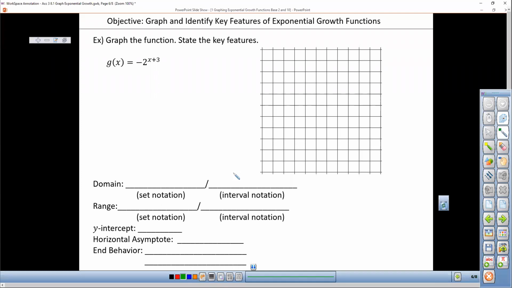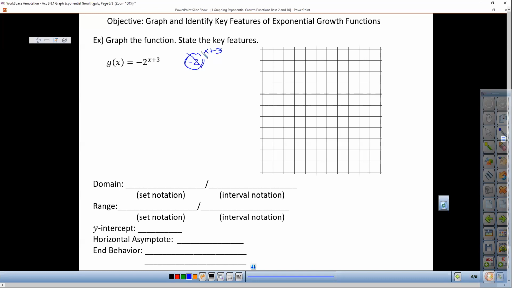All right, so for this second example, again, same type of problem, but with this particular g of x function, we have to realize this negative right here is not part of what's being raised to the power. If it was a -2, it would be in parentheses like this, and it's not. And if you recall something that I said earlier, exponential functions require the base to be positive.